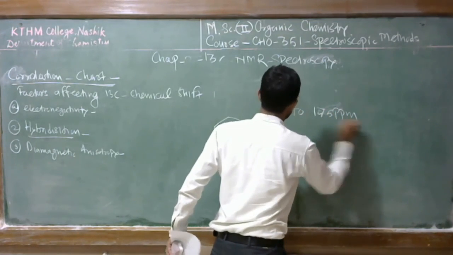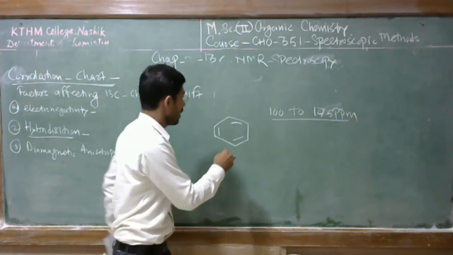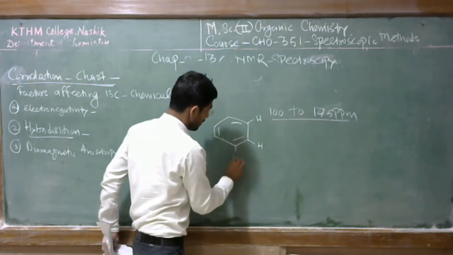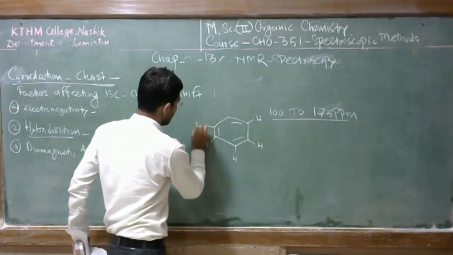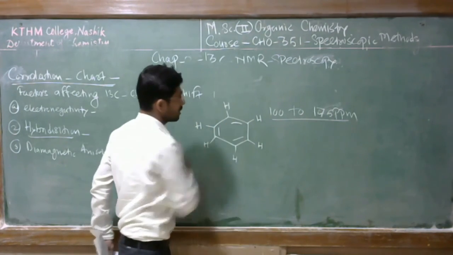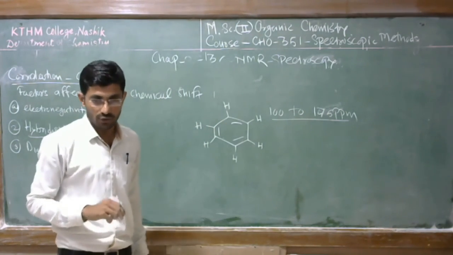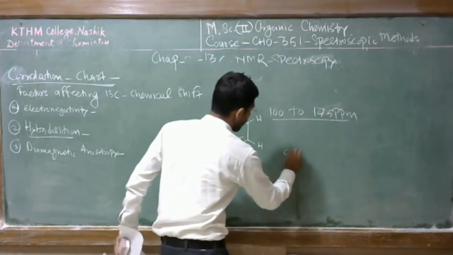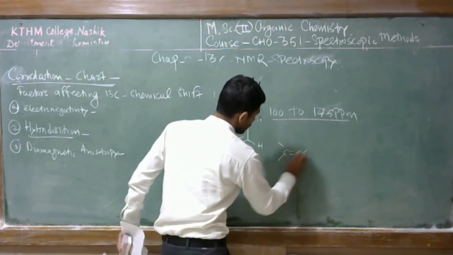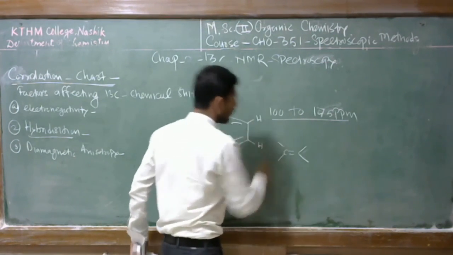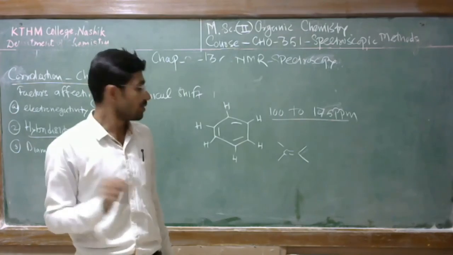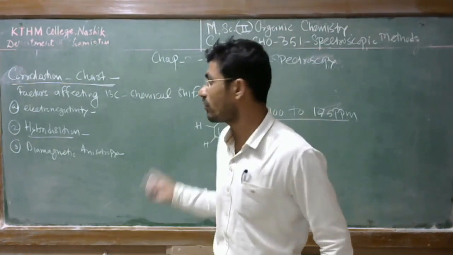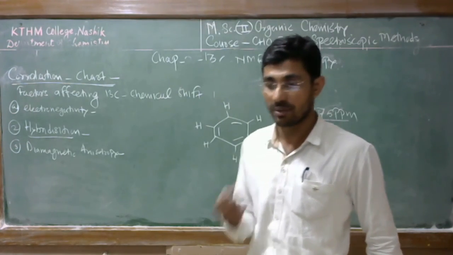In this range we can observe these carbons. Because of alkene, and also aromatic carbons, they show the diamagnetic anisotropic effect. This diamagnetic anisotropic effect is also directly concerned with carbon, not with proton. Because of that, we can observe a very large range as compared to proton NMR.